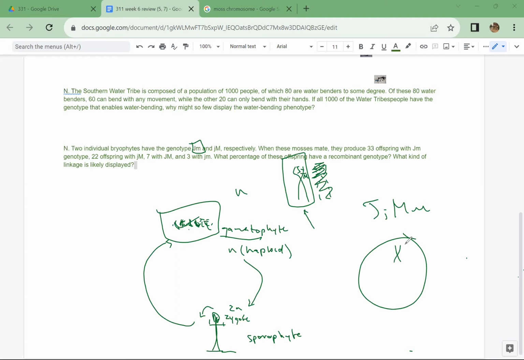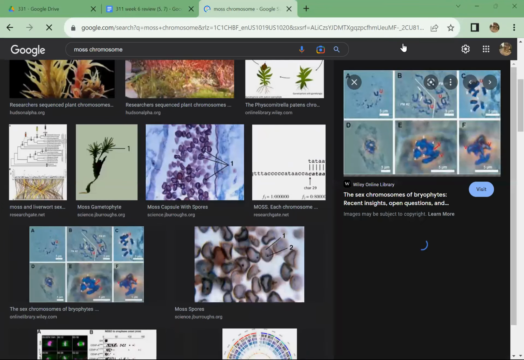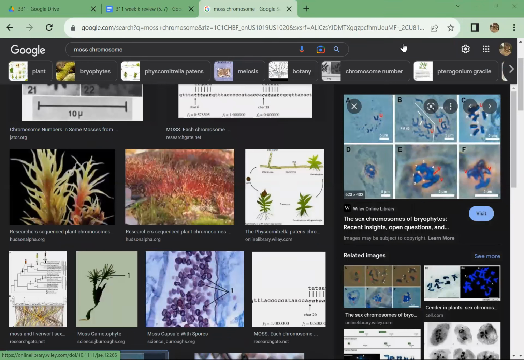And actually, I looked it up to make sure, and bryophyte chromosomes are kind of funky business. It's kind of complicated. There are U and V sex chromosomes, and they don't even have that familiar X shape. It's weird.